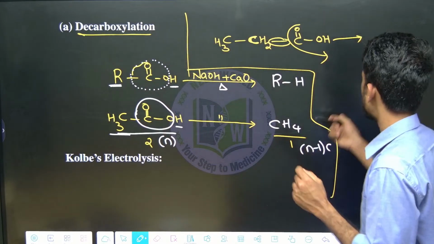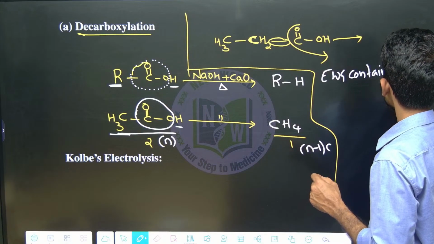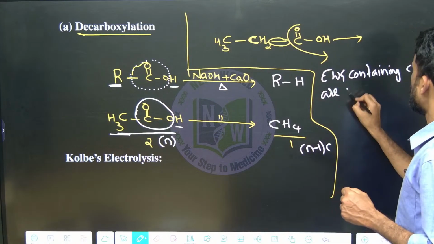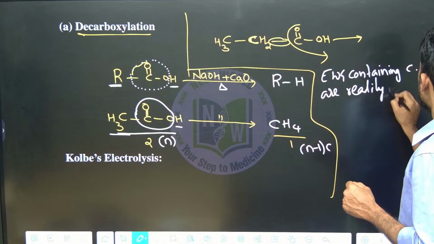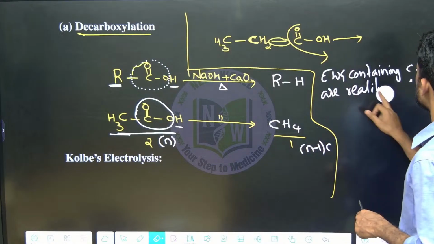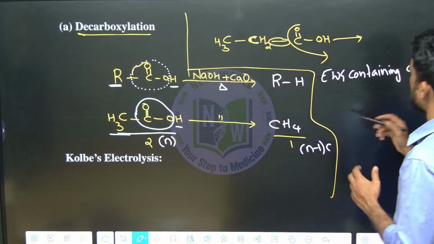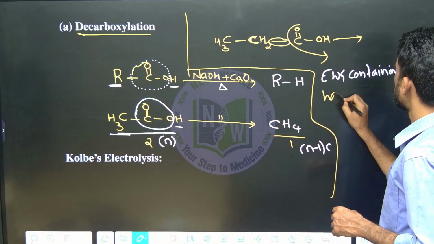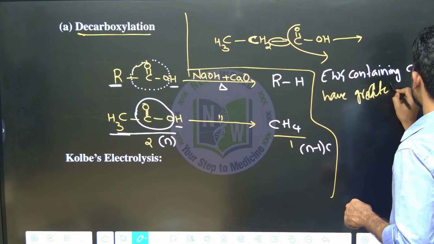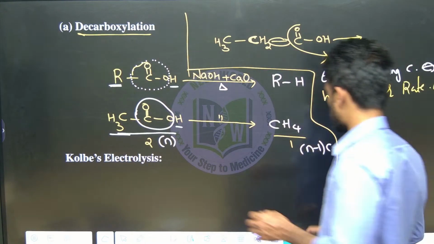So I can make a statement: carboxylic acids containing electron withdrawing groups readily undergo decarboxylation, or have a greater rate of reaction. Let me show you a few examples.